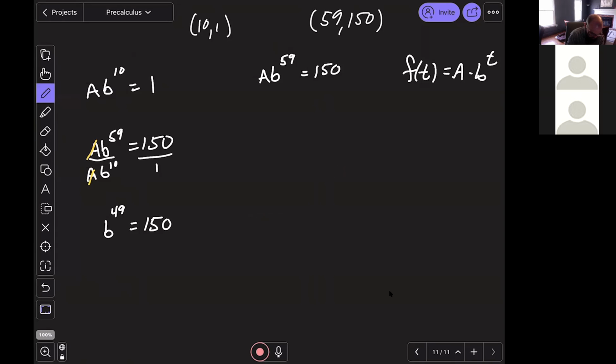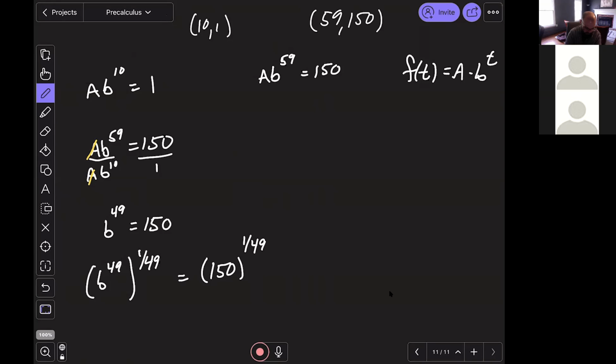So in general, what I'm going to get over here is b to the 49th power, I'm going to raise to the 1 over 49. And then I'm going to do the same on the right-hand side. Okay, so remember that when we raise to a fractional power, this is the same as taking a root. And so instead of writing the 49th root with a little 49 inside of the square root symbol, we can use this exponent 1 over 49 to do all that work for us.